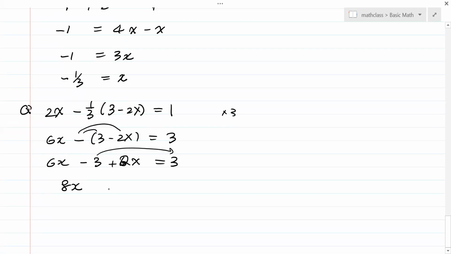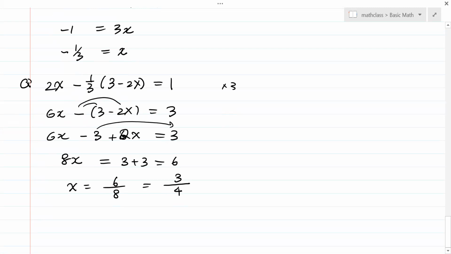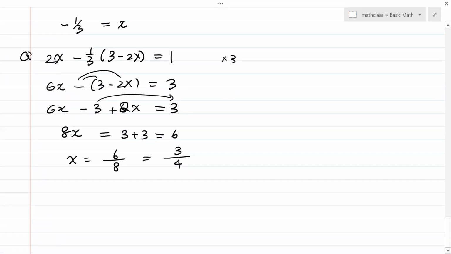Negative 3, you move 3 to the other side, positive 6. Then x is going to be 6/8. Then you simplify to 3/4. Good. Yes, 3/4 is the right answer.